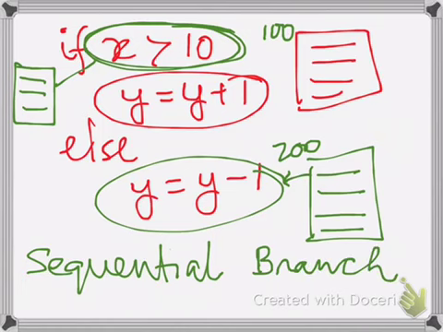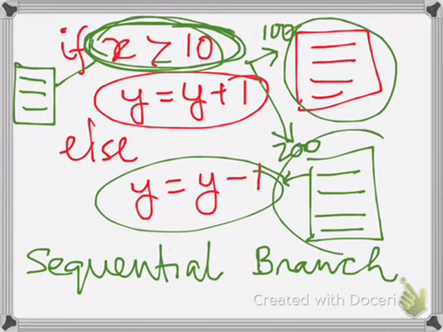If the condition is true, then this. If it is false, then this. So the execution of this particular instruction, x greater than 10, if it executes and you get a value true, then you have to alter, you have to change the flow of execution of your program.